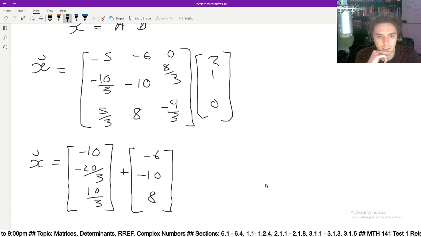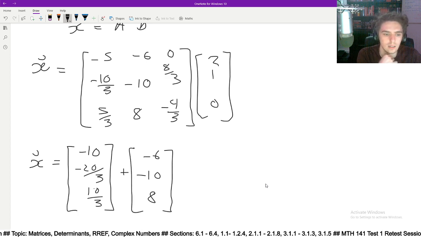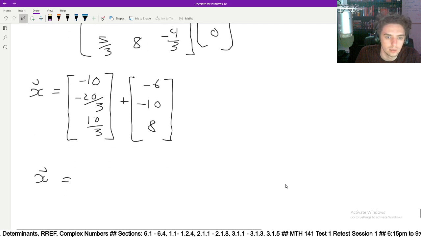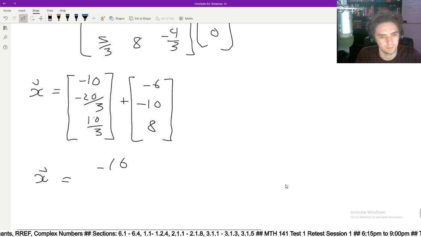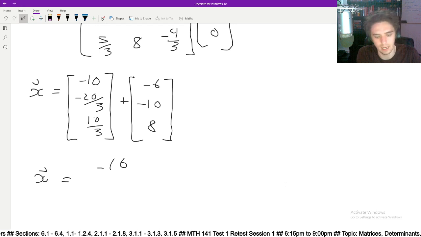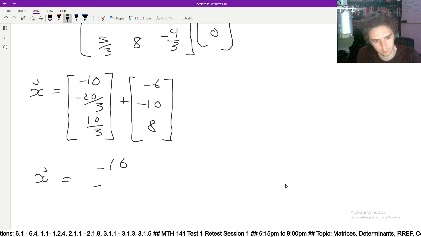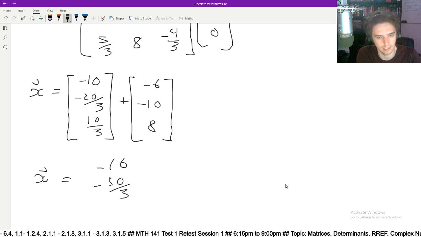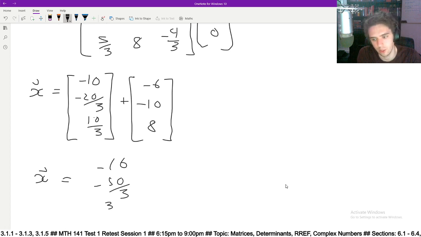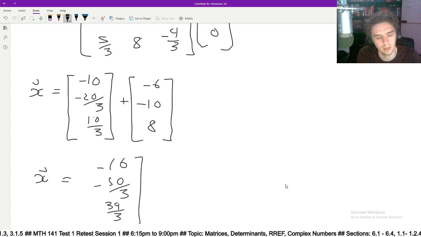And that's it, because the last one's 0, so it's 0 times all these things. Okay, well then our x vector is equal to negative 16, negative 20 over 3 minus 10, negative 50 over 3, and then 10 over 3 plus 8. 34 over 3. And there's our solutions.